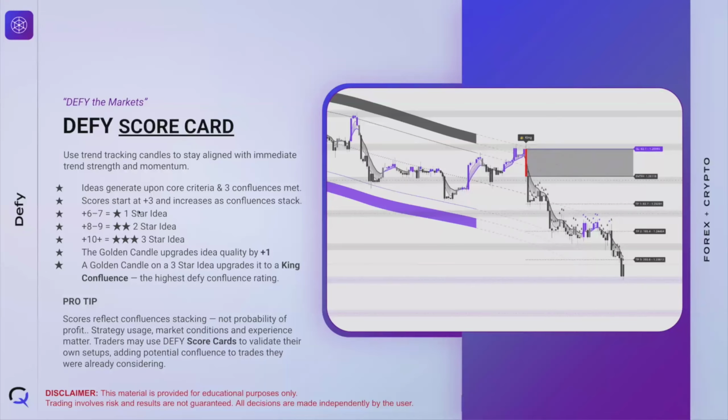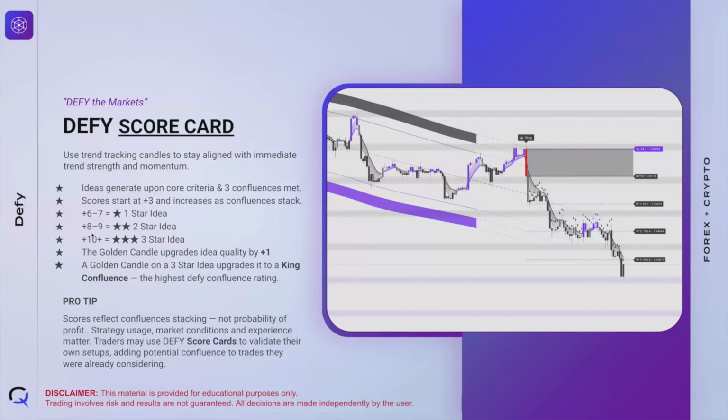So the scores are going to start at a +3, and they're going to increase as the confluence stacks. So you're going to see a +3, +4, and a +5. Now, whenever there are 6 to 7 confirmations or confluences that all stack up at the same time, it's going to transfer to a 1-star idea.